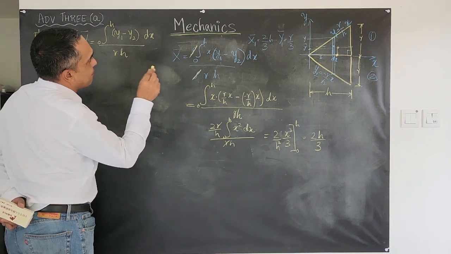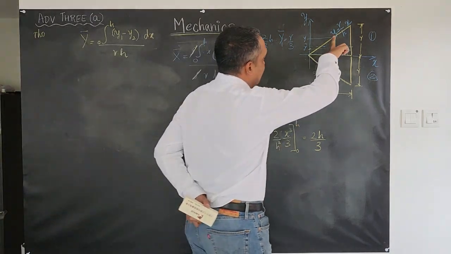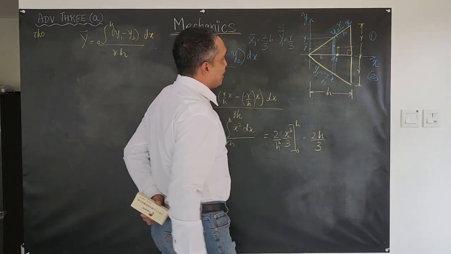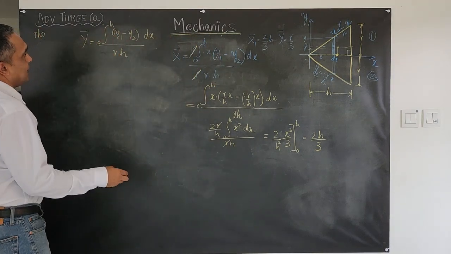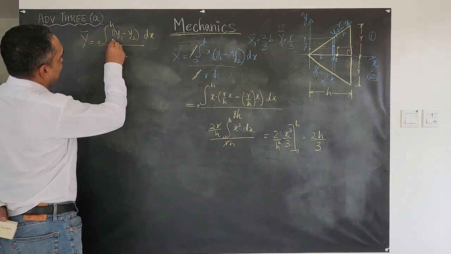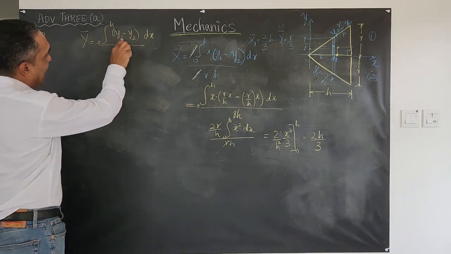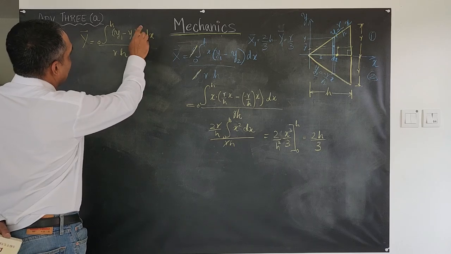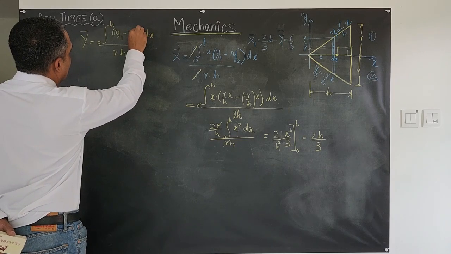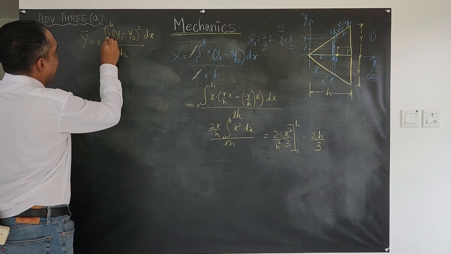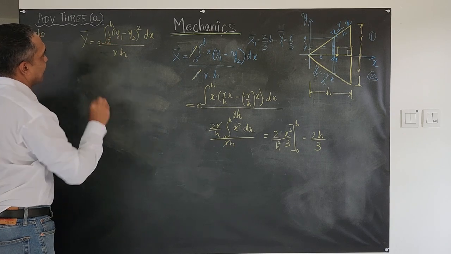I'm going to do y1 minus y2 as the length, divide that by 2. That would give me that y coordinate, and I multiply it by the area. So this would be squared, and I still have 1/2.